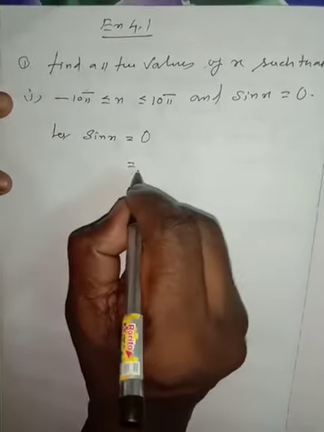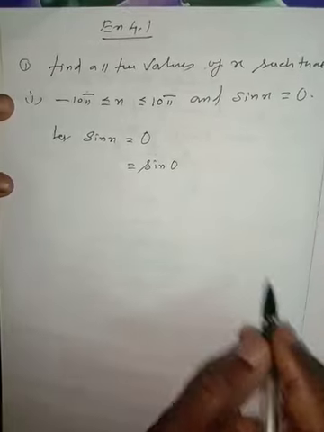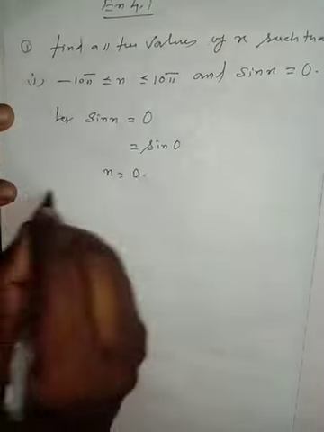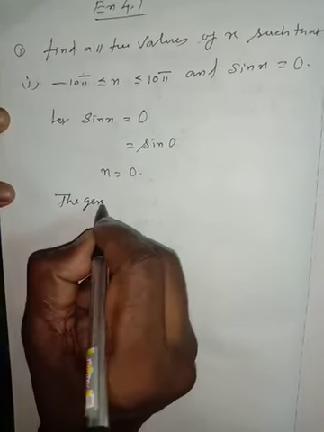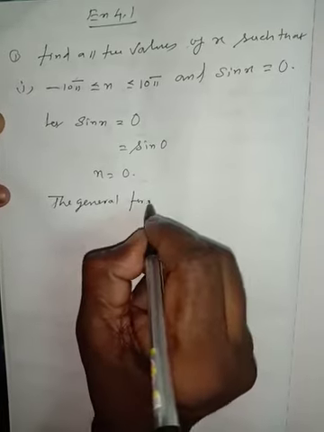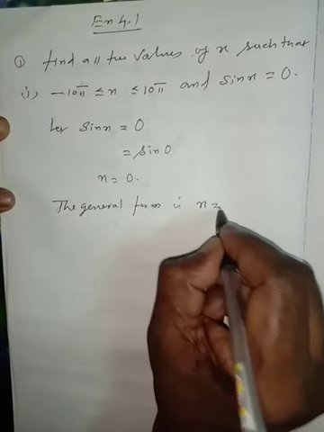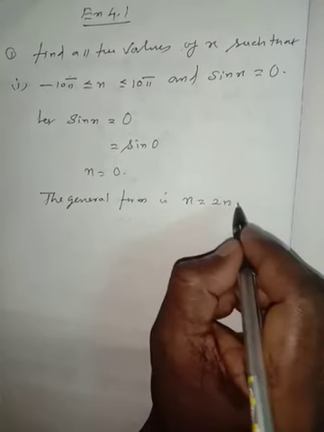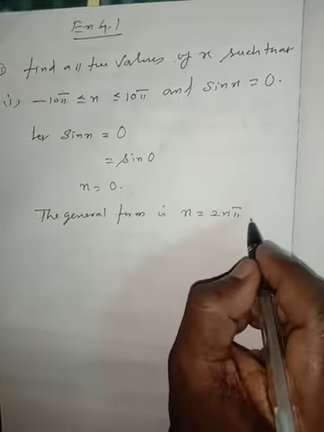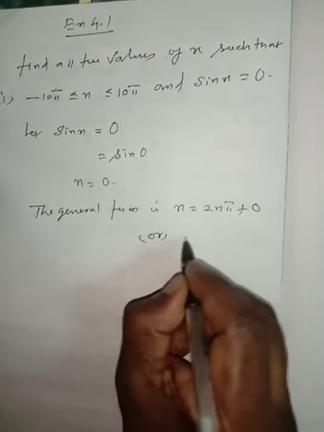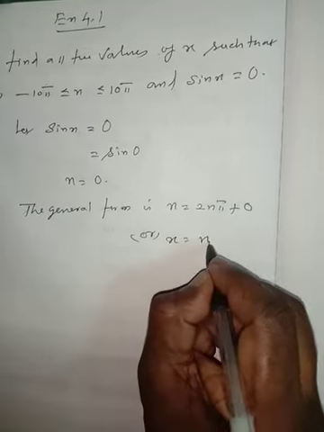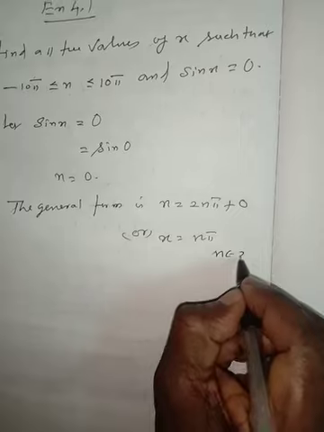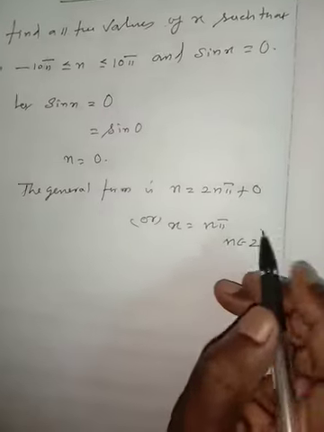Sin x is equal to 0 means sin 0 is 0. The general form is x is equal to 2n pi, or x is equal to n pi, where n is an element of integers.